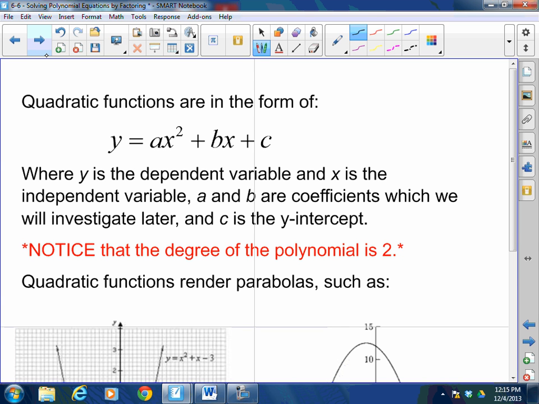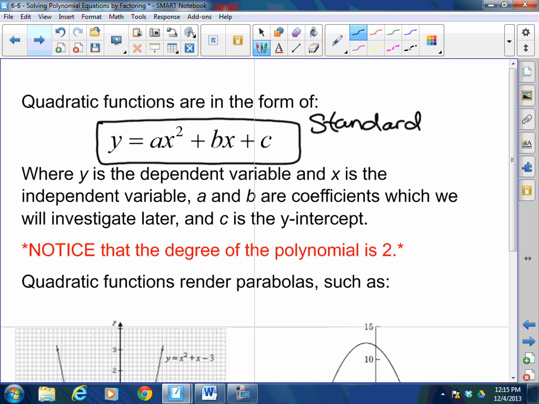Quadratic functions are in the form of y equals ax squared plus bx plus c. Please, my friends, please remember the following. This right here is called standard form. There's a few different forms of quadratics.